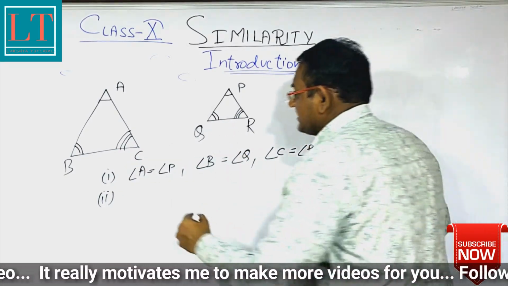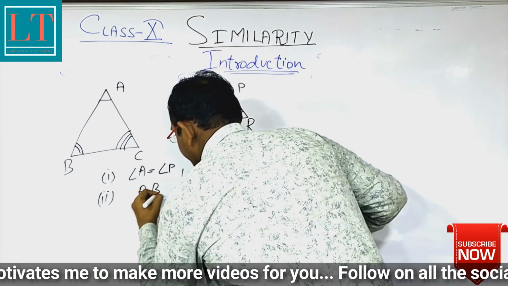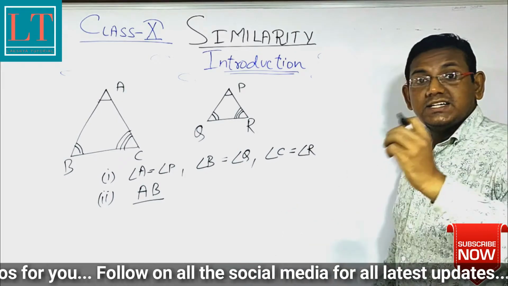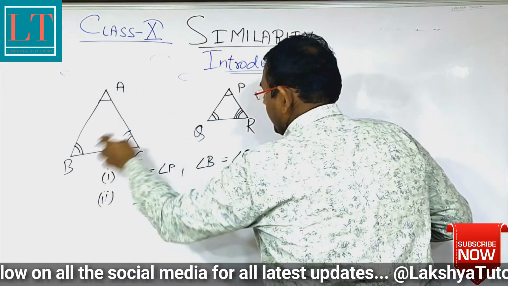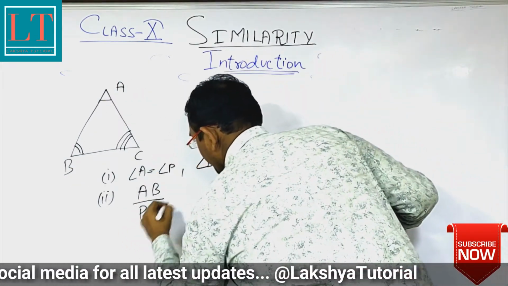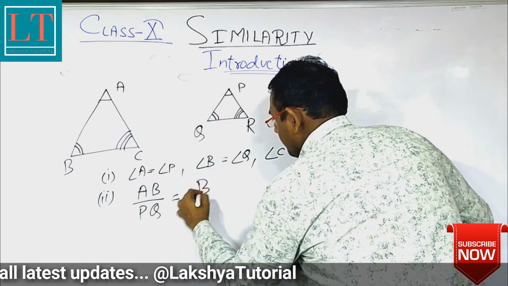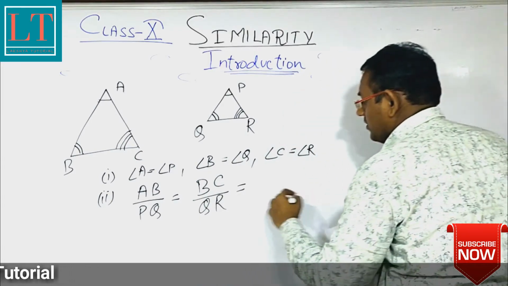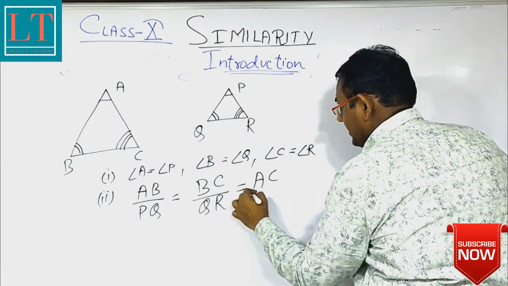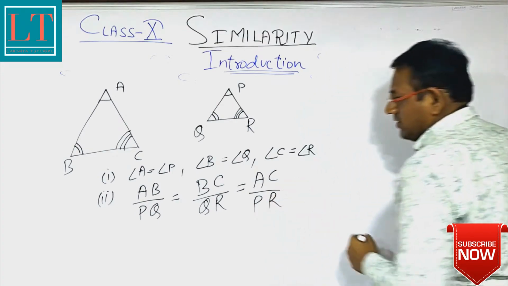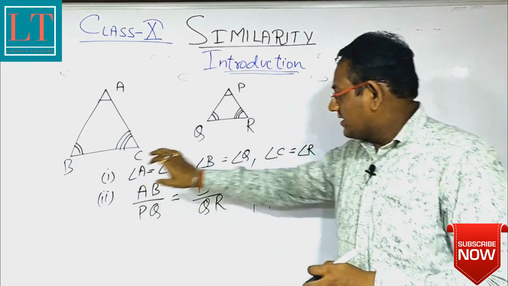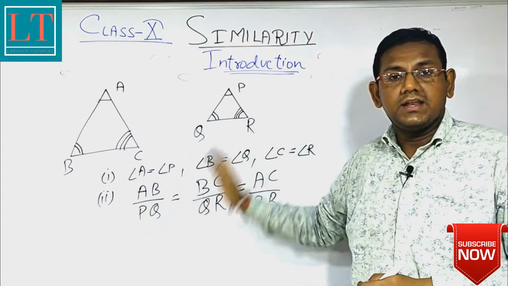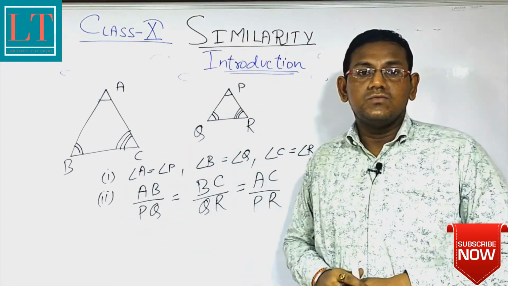But the sides are in the same ratio. Remember this, sides are in the same ratio. That means AB by PQ equals BC by QR equals AC by PR. So the angles are equal and the sides are in the same ratio. This is called similarity.